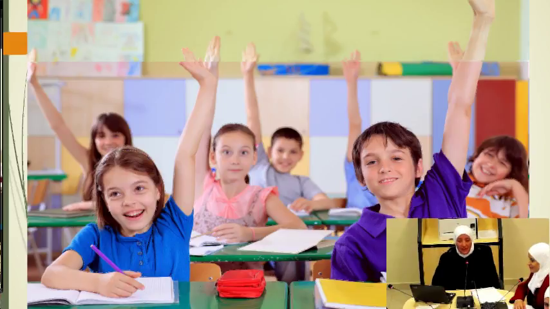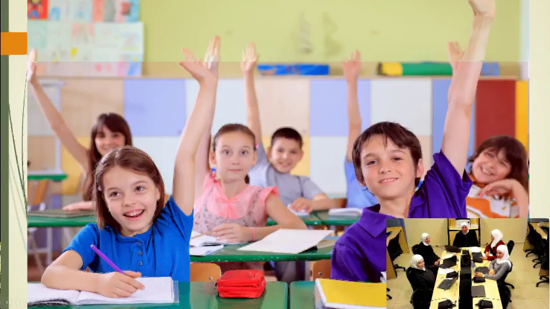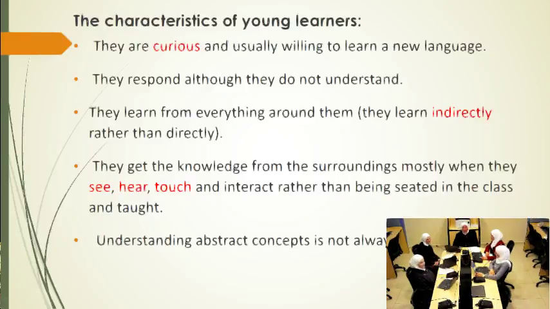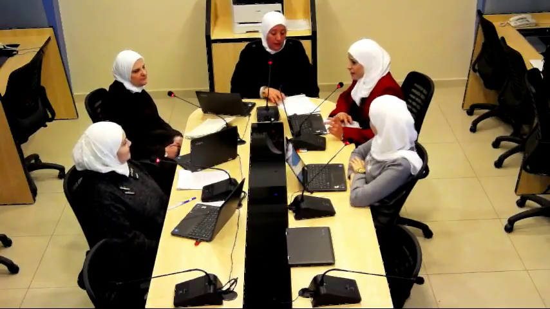Next, please. Now we are still speaking about the characteristics of young learners. What else? They like talking about themselves and respond to learning that uses their lives as the main topic. This means that their relatives, their friends, their families control their behavior and the way they think.